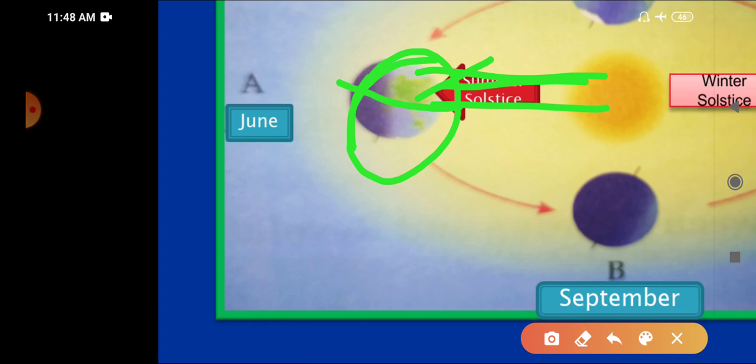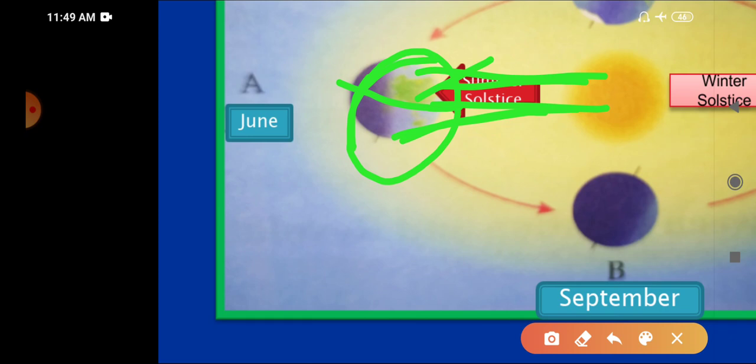Tilted rays are going towards this area. So the Tropic of Cancer receives direct rays of the sun. As a result, this area in the northern hemisphere receives more heat and sunlight.